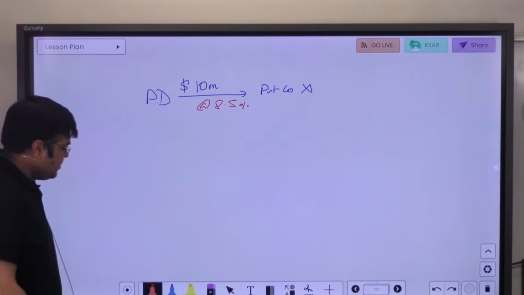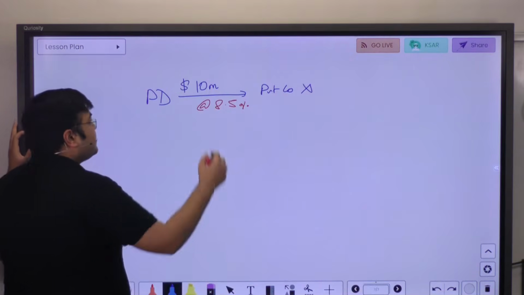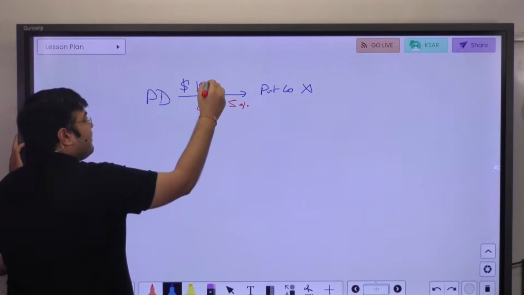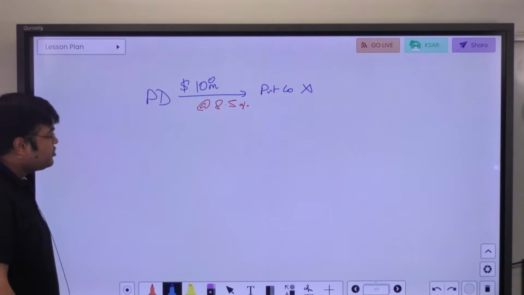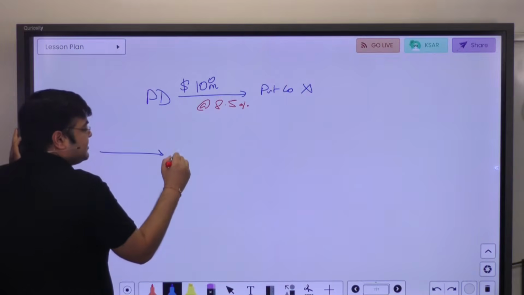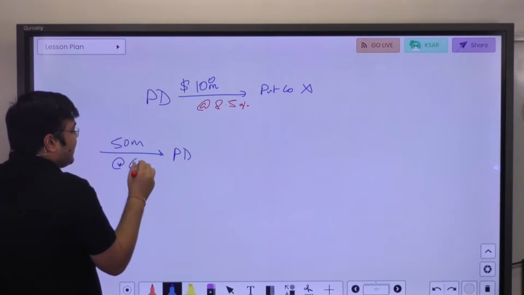Okay, this is fine. Now, let me make this a little more interesting. Let's say this is $100 million. Okay, my calculations will become simpler. Let's say I'm looking at an alternative where I want to invest into a leveraged loan. Leveraged loan would mean that this private debt company is going to borrow 50 million, let's say at the rate of 6%.